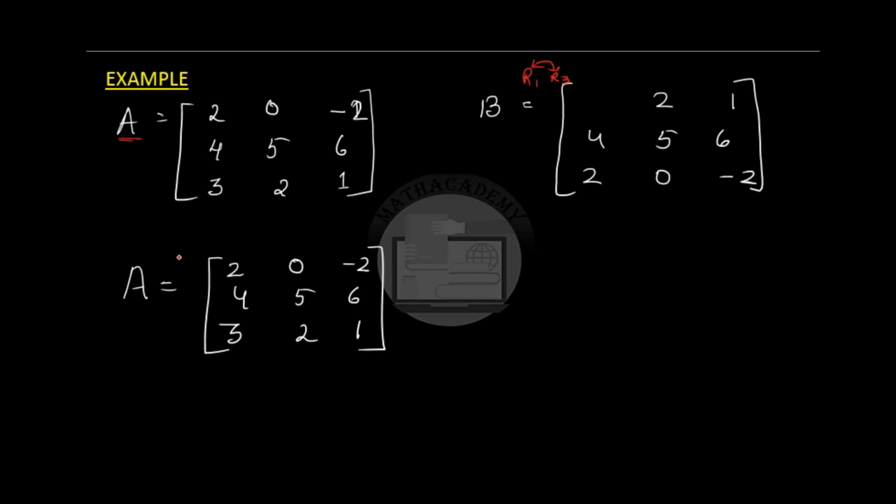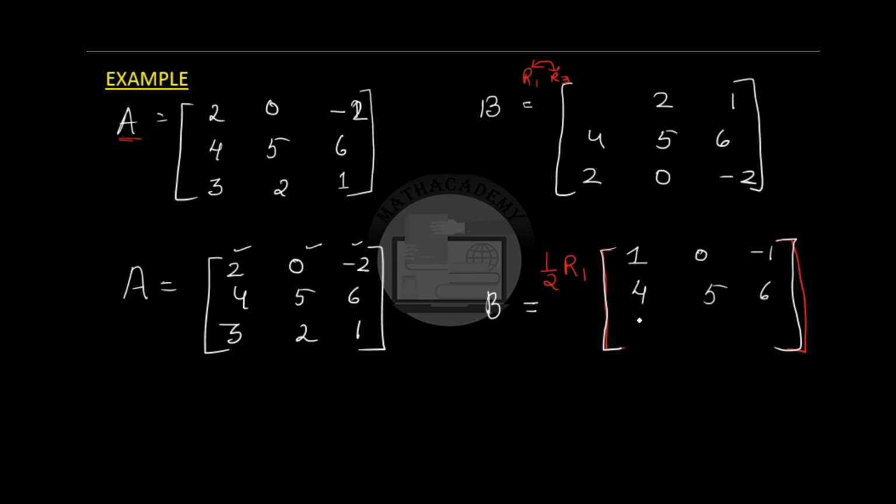Let us write the operation here. So what operation are we doing on A? We are doing half of R1. We get 1, 0 and minus 1 because each of these elements is multiplied by 1 by 2, and we get the resultant matrix B. So here also B is a row equivalent form of matrix A.